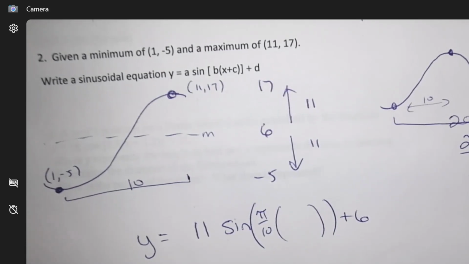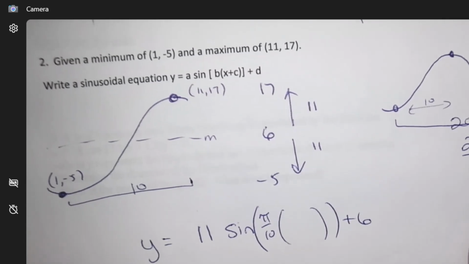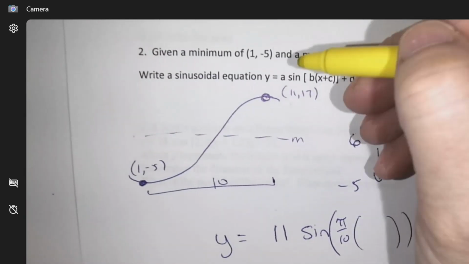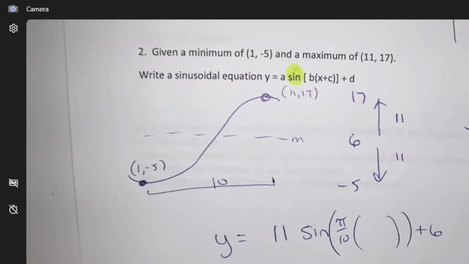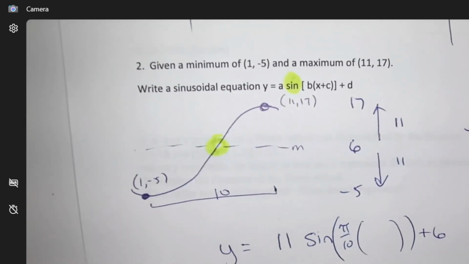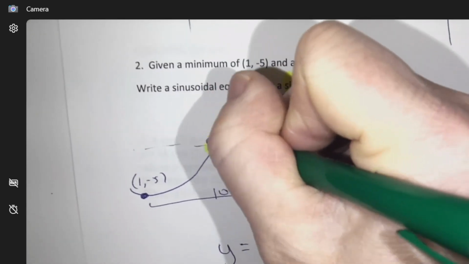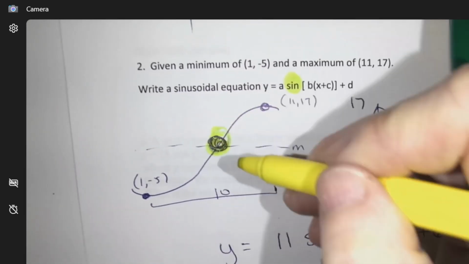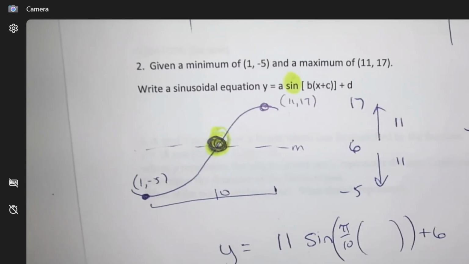Now we need the C. So I need a sine starter coordinate. How does a sine curve start? On a midline heading upward. So we could do this coordinate. I need to figure out what the x coordinate would be there.